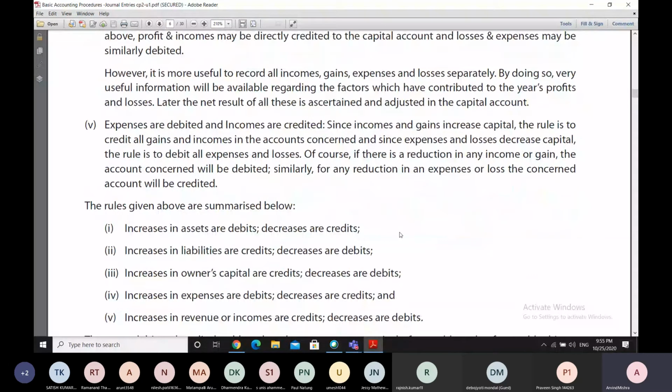So very logically, proceeding from the initial tradition that is followed, whenever there was an increase of an asset, we were writing it on the left hand side.